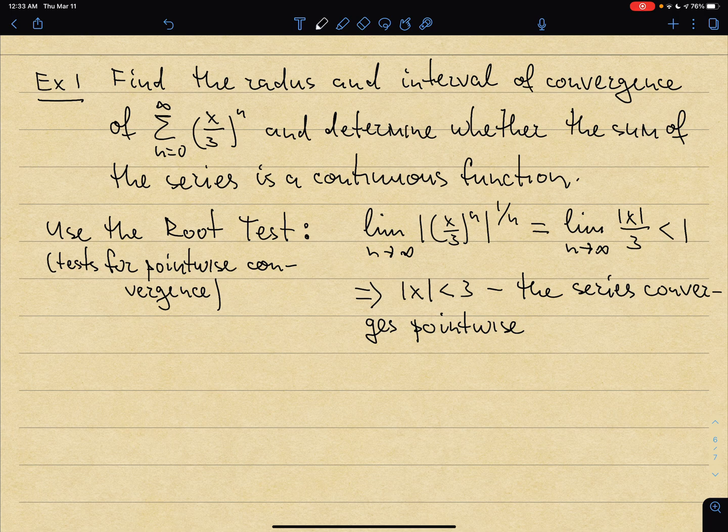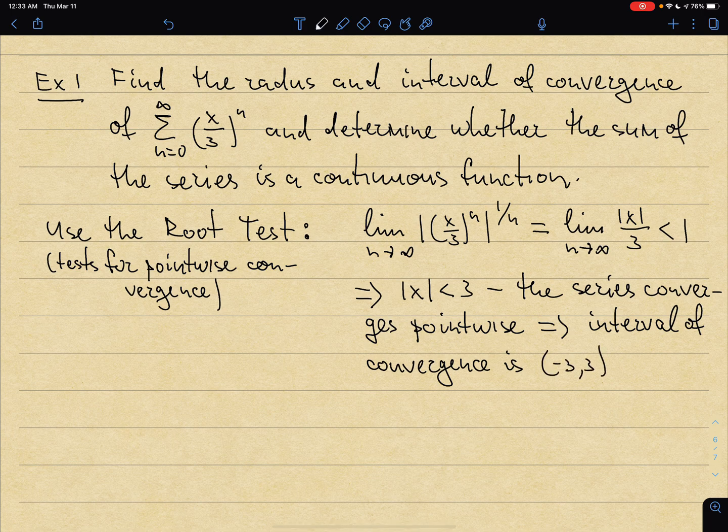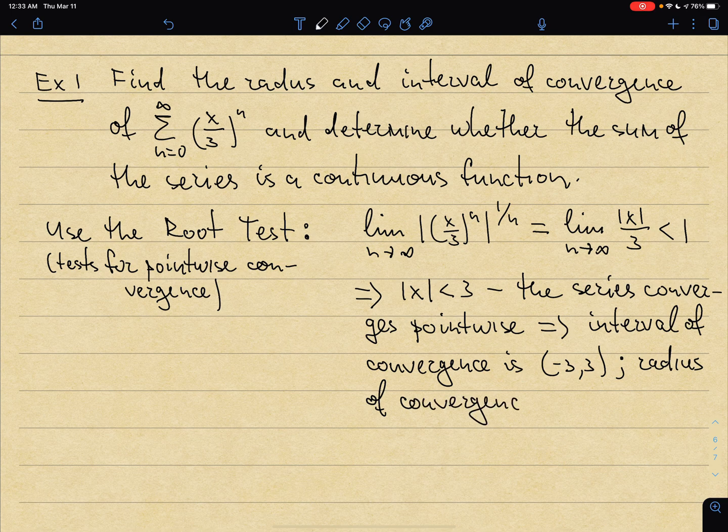And so therefore, the interval of convergence is from minus 3 to 3, and the radius of convergence is 3.